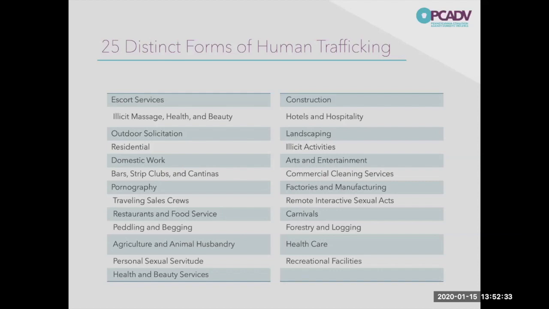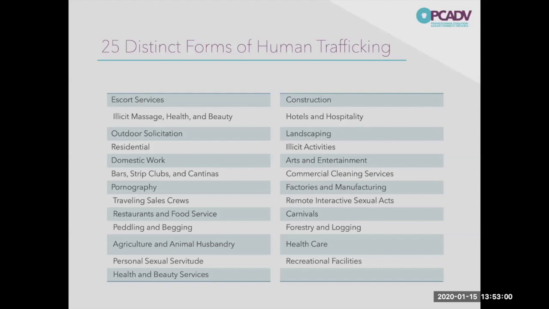But what we are going to do in a little while is talk about the most common of these distinct forms of human trafficking we tend to see in Pennsylvania. But I wanted you all to have a better idea of how big and nuanced this issue is before we move into the more detailed aspects of this.